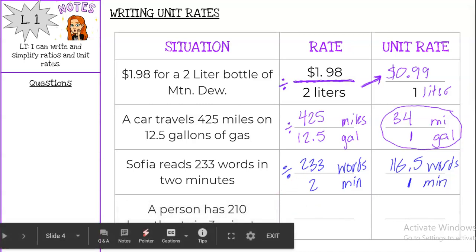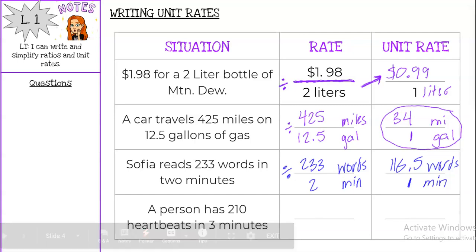All right, last example here. We have a person who has 210 heartbeats in 3 minutes. I'm just going to abbreviate that HB, in 3 minutes. Your heart rate really goes off of how many beats per minute your heart does.